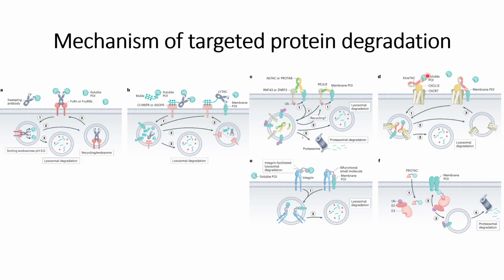It can also work on the soluble protein and on the membrane protein of interest. Once it is internalized, endosomal sorting occurs using the change in pH, and this will direct the targeted protein towards lysosomal degradation and the recycling back of the natural cytokine receptors.